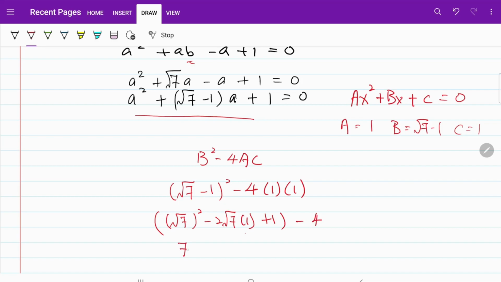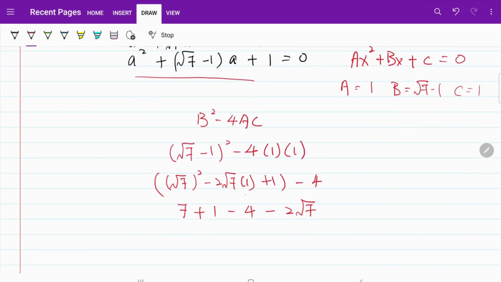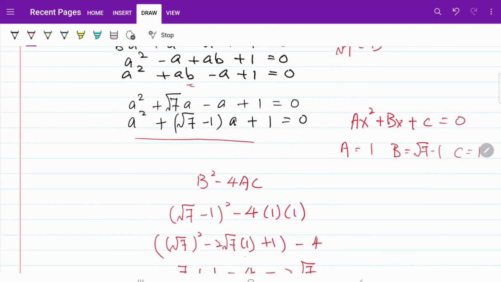So this works out to be 7 plus 1 minus 4 minus 2 square root 7. In other words, I have 8 minus 4, which is 4 minus 2 times square root of 7, and that's the value of our determinant. We can easily work out this value to be less than 0, meaning on this particular quadratic equation, there are no rational roots. So we are going to reject this as a possible solution.